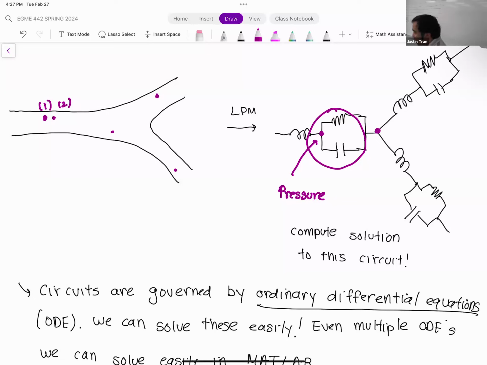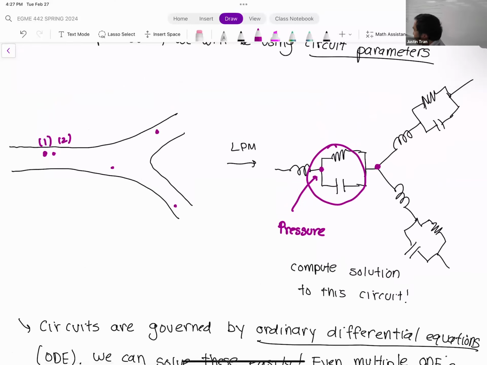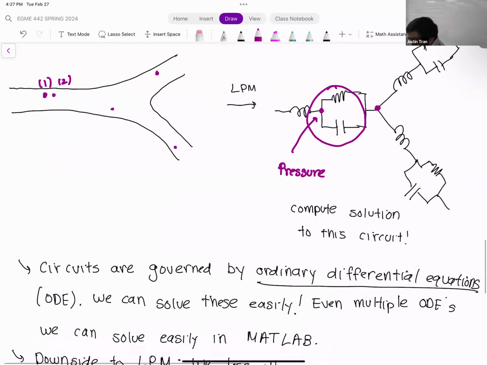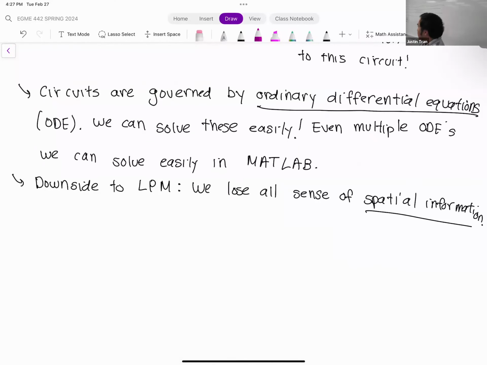In lumped parameter modeling, you lose all sense of space. You only see a change in results when you move past an element. And oftentimes, you're not going to make these circuits have dozens and dozens of elements. You're going to try to limit it to just a few elements. So, the main downside to using LPM is that you lose all sense of spatial information.